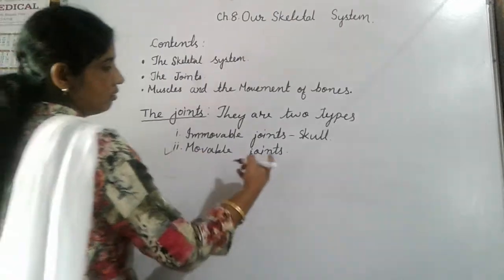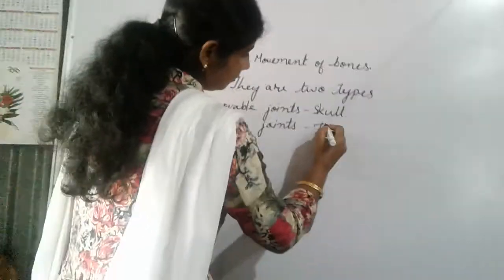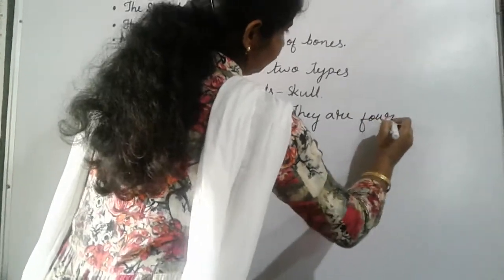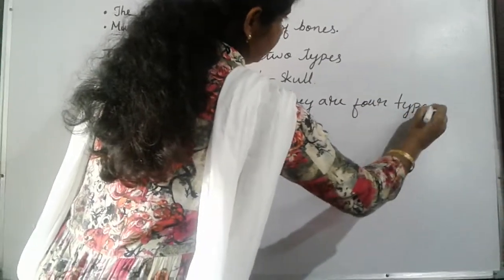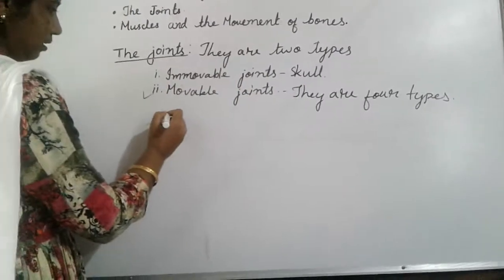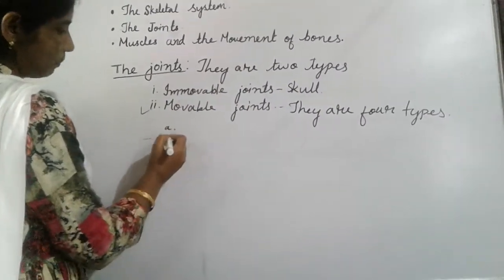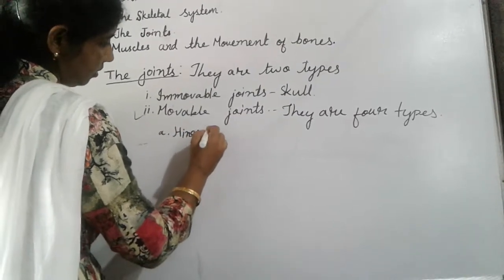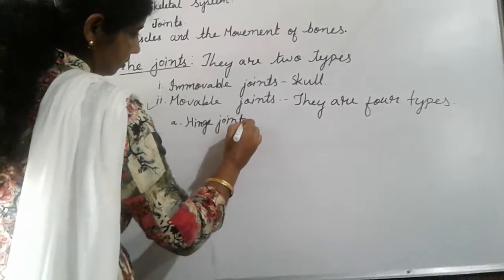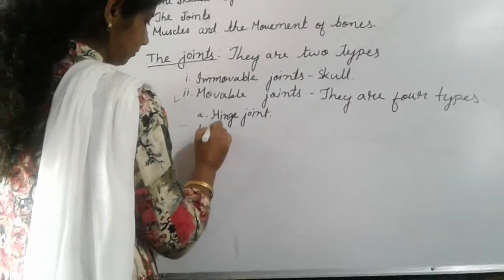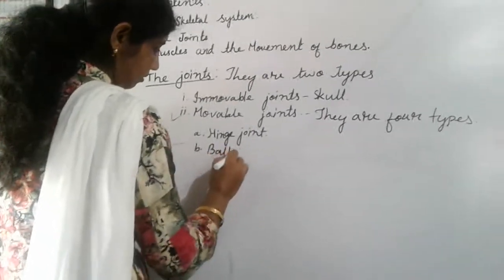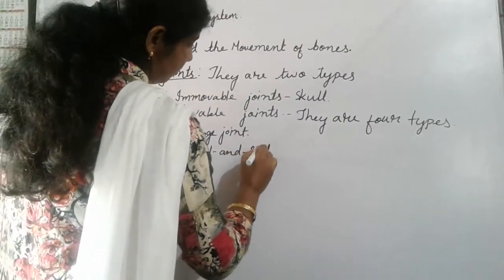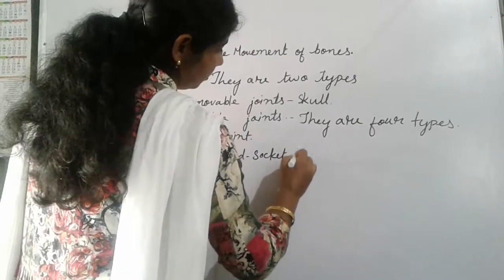So movable joints are of four types. These are: A, hinge joint. B, ball and socket joint.